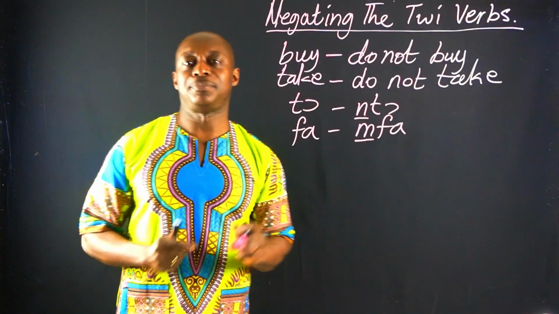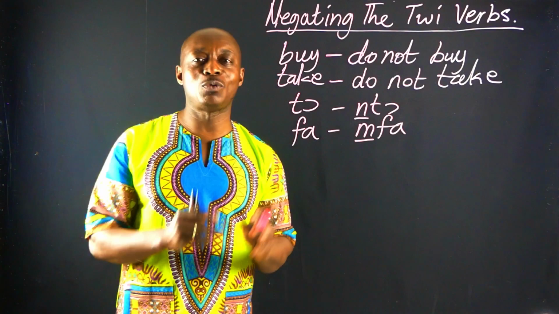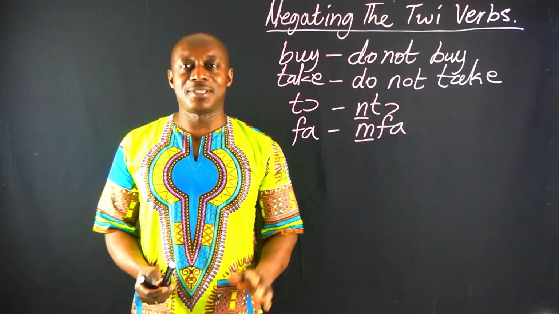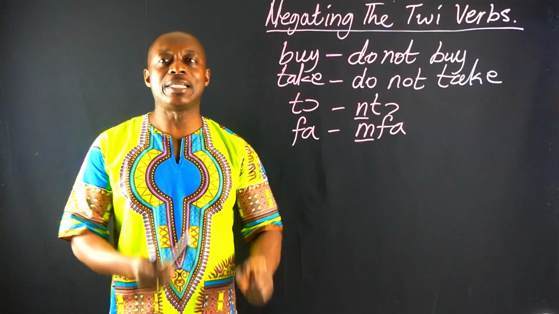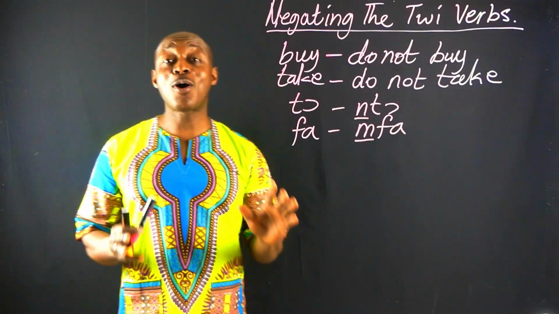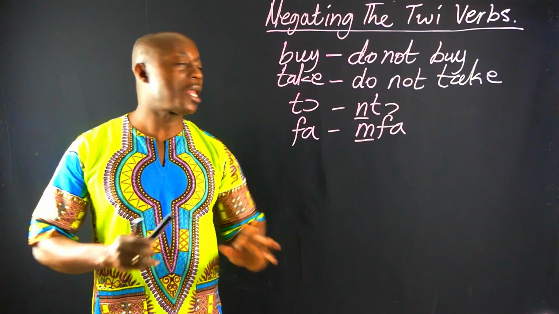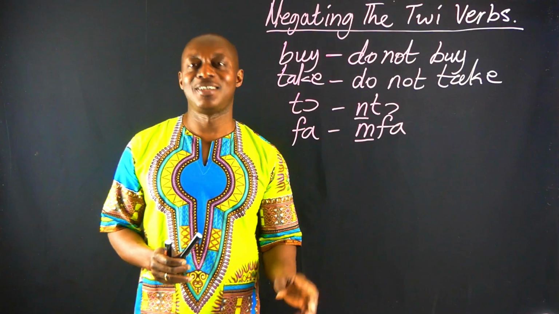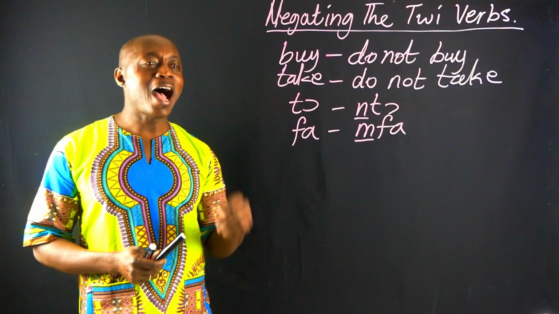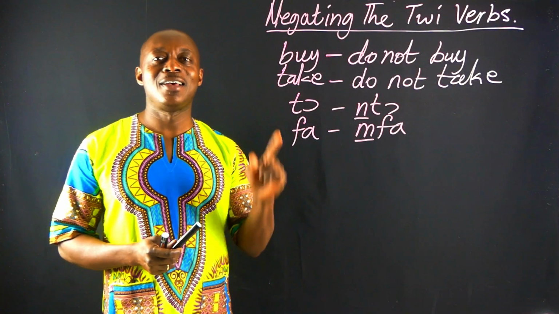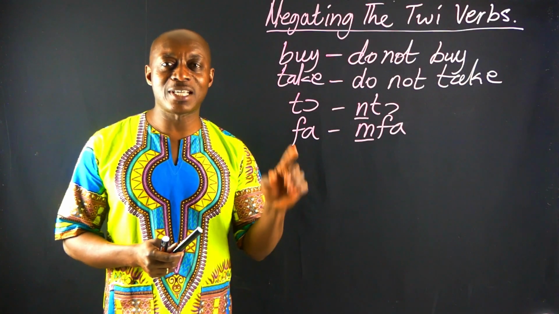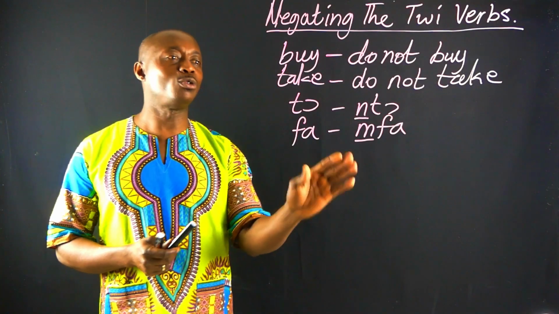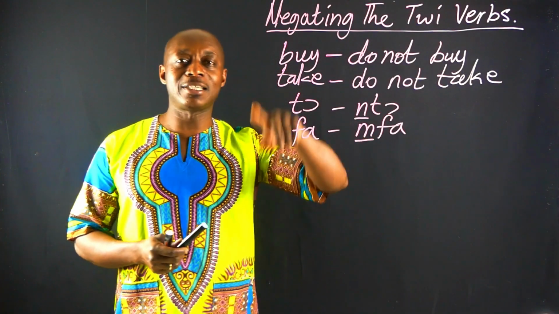Having this in mind, there is one thing that we also need to know, and that is all the Twi verbs begin with a consonant. That is one fact that you need to know. So, how do we know that we should prefix a verb with M for it to become negative? We're going to deal with that. M first, and later on we come to N.